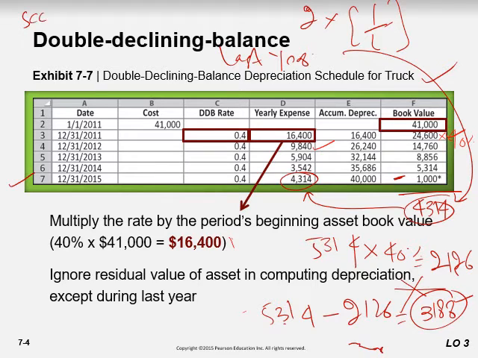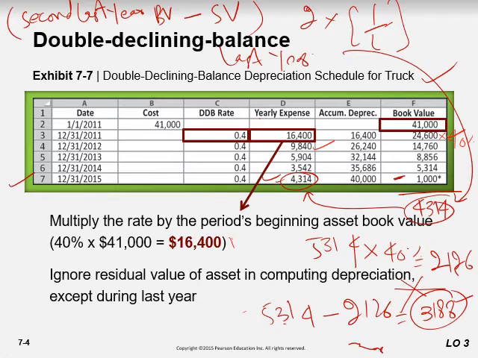Or let me just write it down here. So second last year book value minus salvage value. So there is no multiplication with the double declining rate. There is no other method, you just write down the remaining book value, and that will go to the income statement. Right?